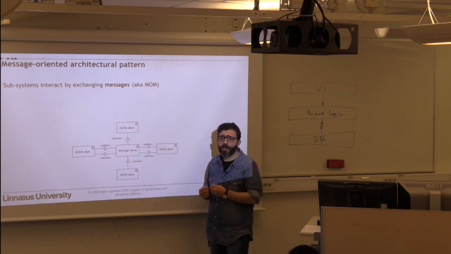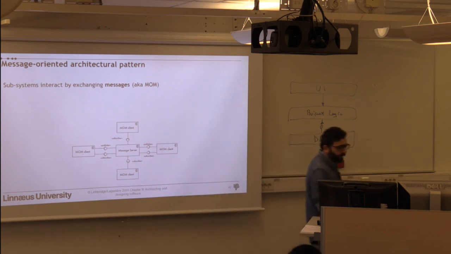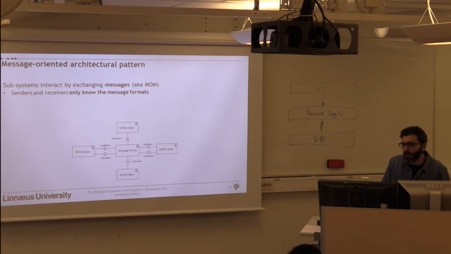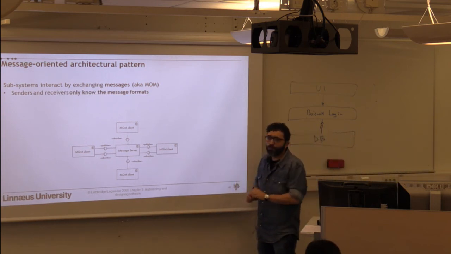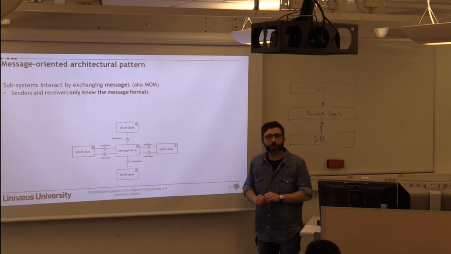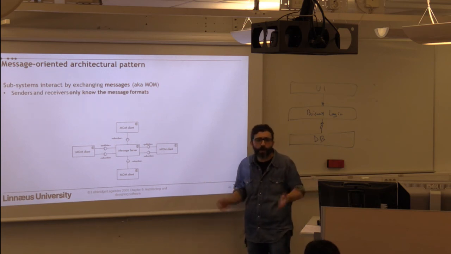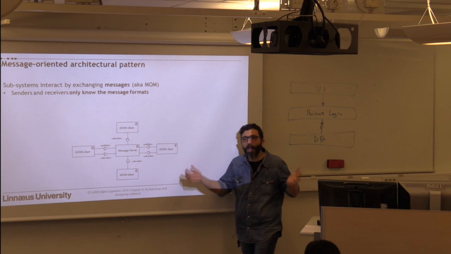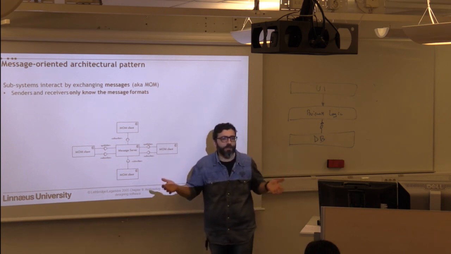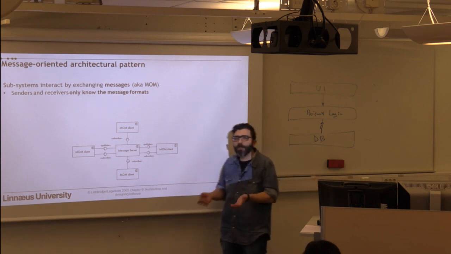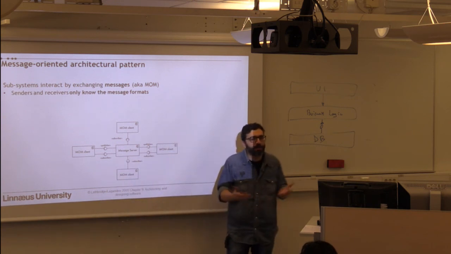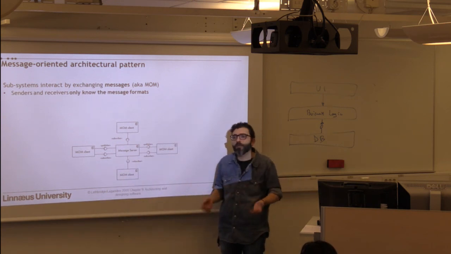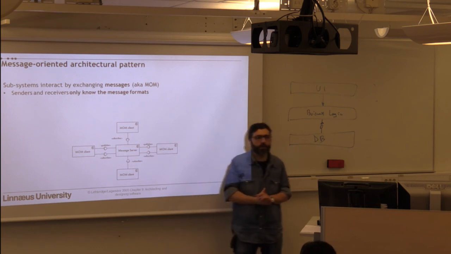And asynchronous systems are really appealing nowadays for many different reasons. Then senders and receivers only know the message format. When you chat with your mom, you have to write in her language, and that's the only thing that you need to know. I use Italian because my mom doesn't speak anything else. So in order to interact with her, I just know that I have to use Italian. That's it.